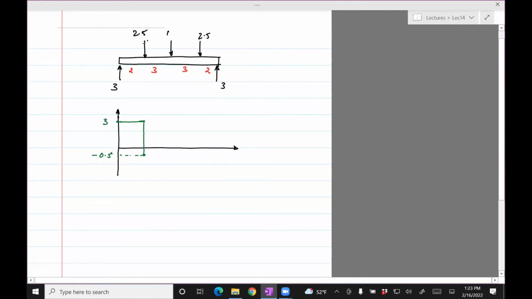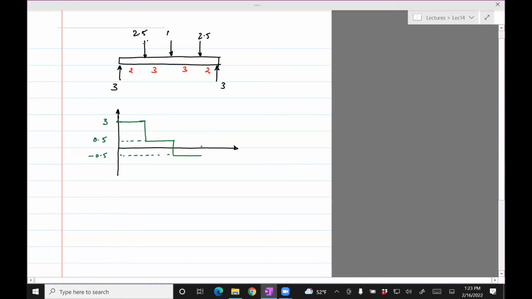No, that's not right. 3 minus 2.5 is 0.5. Okay, so we keep going. When we reach the middle, we have 1 downwards. So we should subtract 1 from 0.5. So we have minus 0.5. It remains minus 0.5 till we hit 2.5.